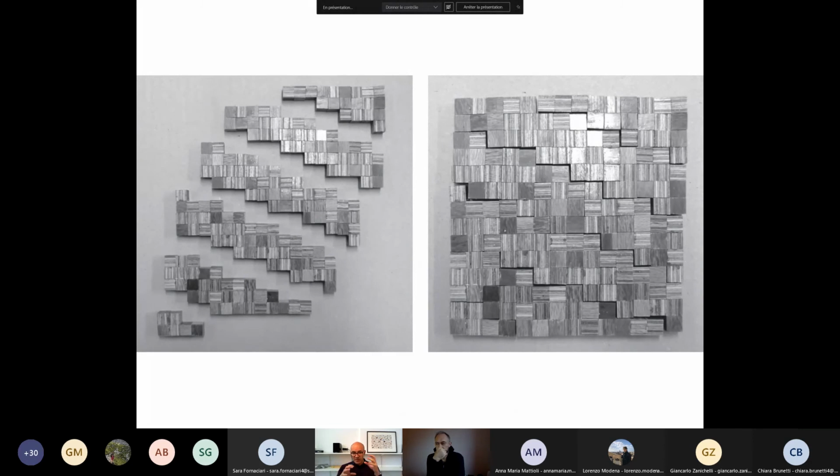Never paying attention to the global geometry, but only paying attention to the relation that one element can have with the next one. So it's very much a relational definition of construction. It's not based on any kind of metrics. Metrics don't matter because it's an element, so it can have any scale.